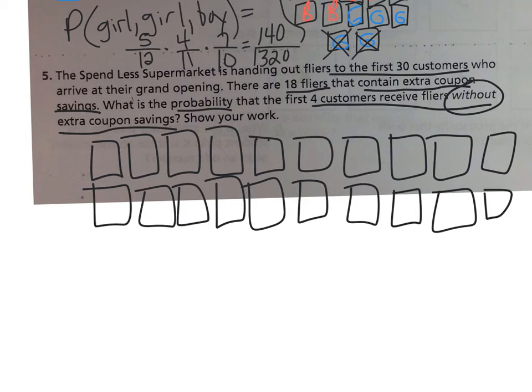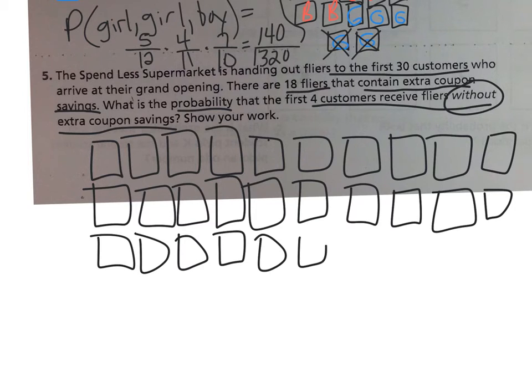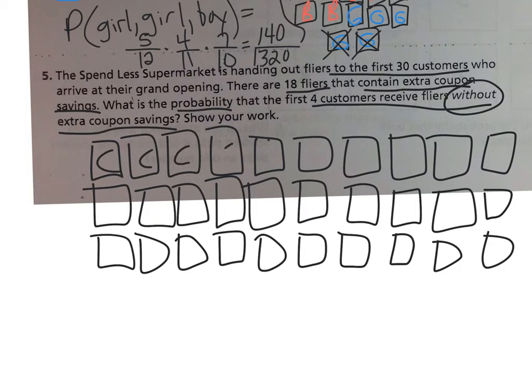Okay, we'll do this. How many of them have coupons? 18. So I just went in rows of 10s here. We'll just do a C if they have a coupon. And again, there's nothing says you have to do this, but I think it kind of helps visualize a little bit better what's happening on the problem.